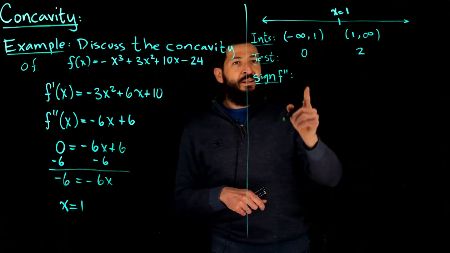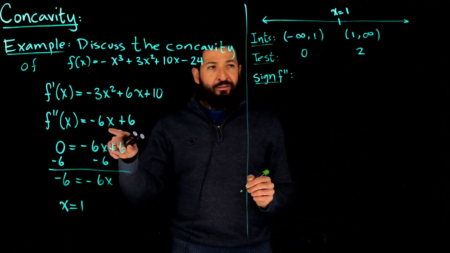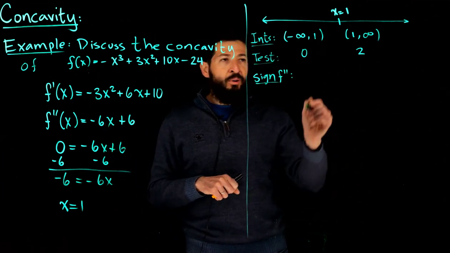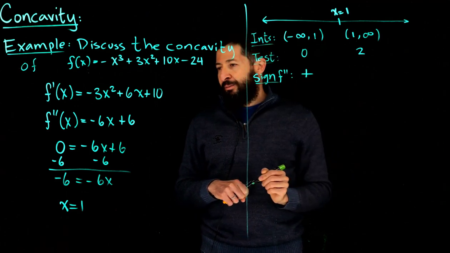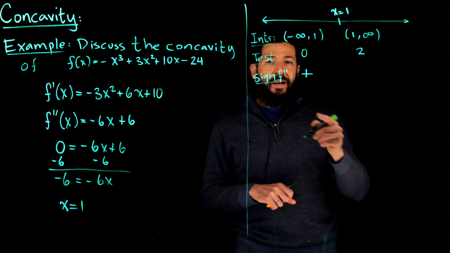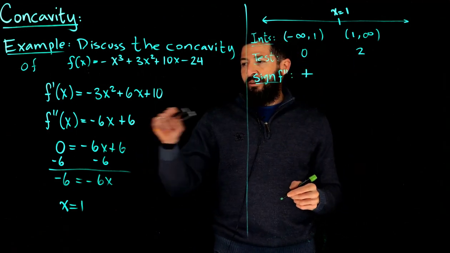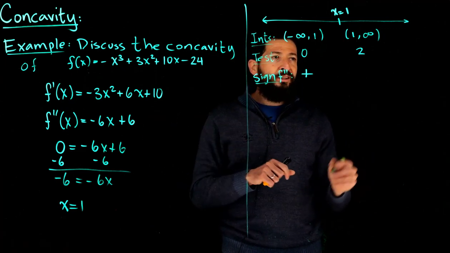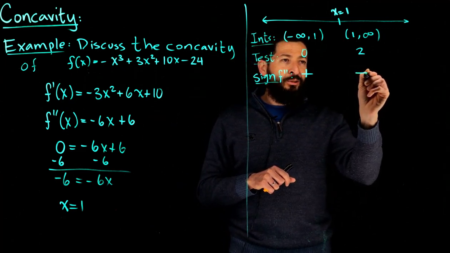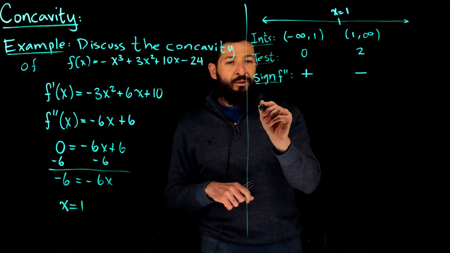So we're going to look up the sign of the second derivative. We plug 0 here, we get positive 6, a positive value. When I evaluate it at 2, I get negative 6 times 2, which is negative 12, plus 6 is negative 6, which is negative. Remember, we don't care about the number, we care about the sign only.